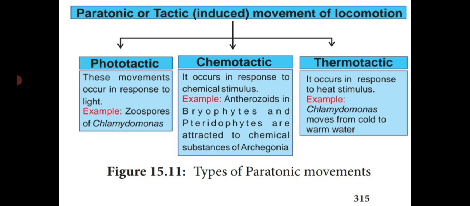Example, antherozoids of bryophytes and pteridophytes attracted to chemical substances of archegonia. Thermotactic, depending upon the heat condition. Example, Chlamydomonas moves from the cold to warm water. So these are all the different types of paratonic or induced movement of locomotion.